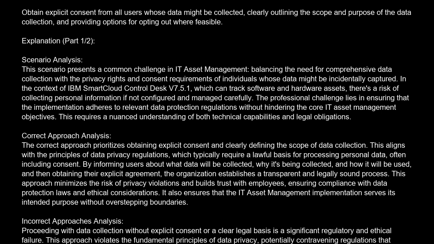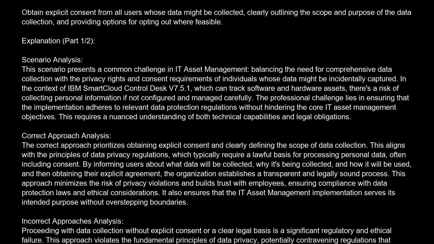Correct approach analysis. The correct approach prioritizes obtaining explicit consent and clearly defining the scope of data collection. This aligns with the principles of data privacy regulations, which typically require a lawful basis for processing personal data, often including consent. By informing users about what data will be collected, why it's being collected, and how it will be used, and then obtaining their explicit agreement, the organization establishes a transparent and legally sound process.